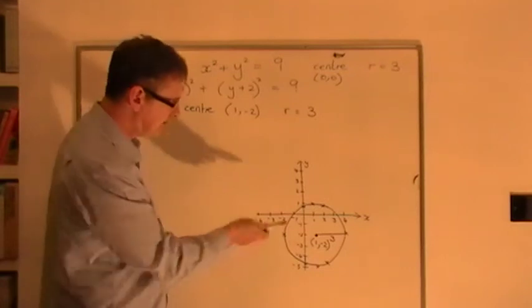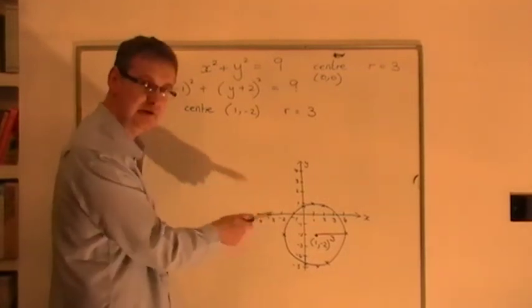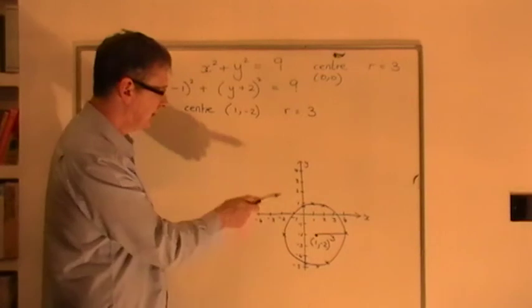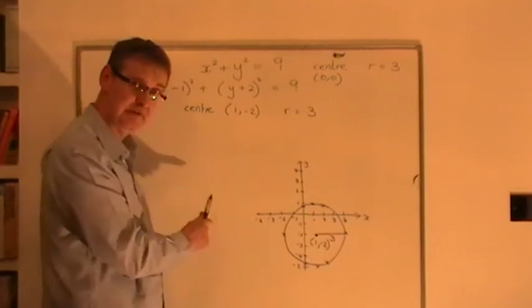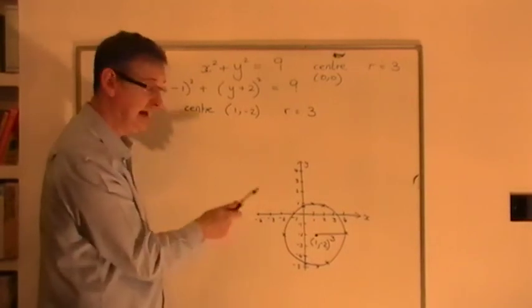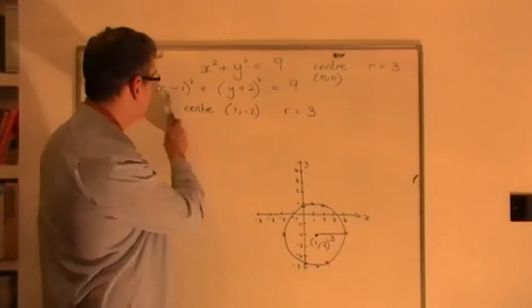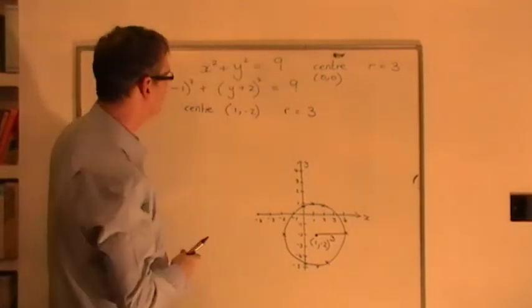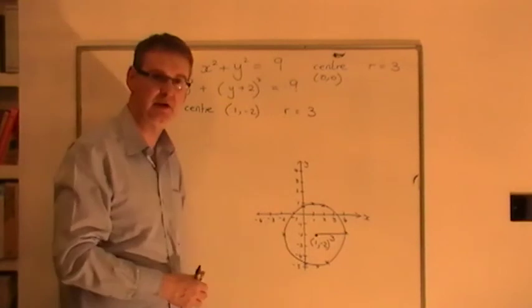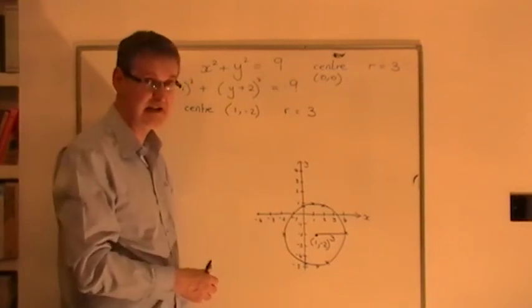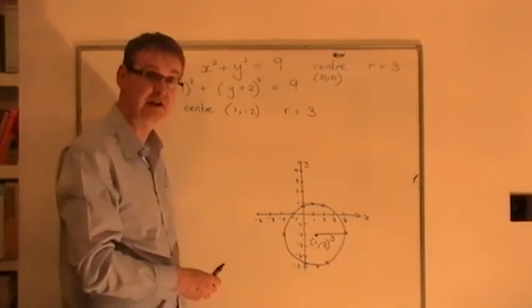Examination questions very rarely ask you to draw these graphs. This picture here and the ones I did on the previous video are simply an explanation to explain the link of the equation to the picture. You do not really need to be plotting accurate graphs for the exam.